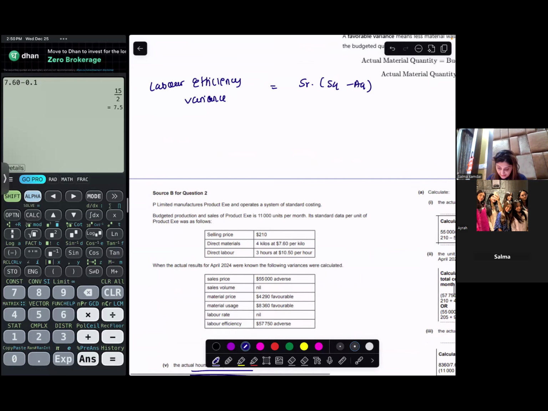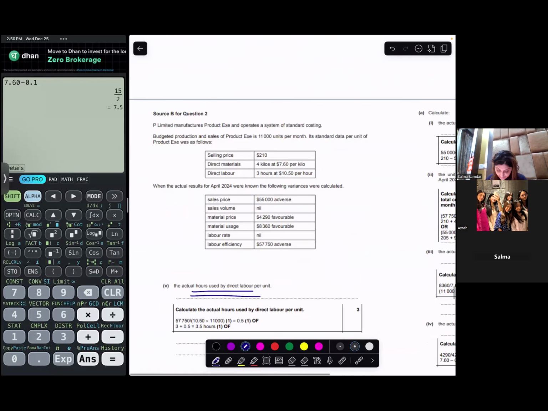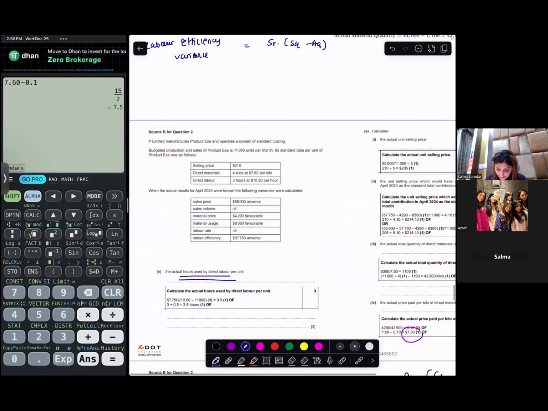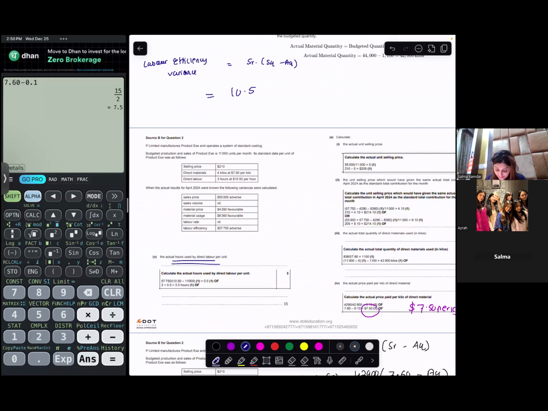What is the standard rate? It is 10.50. Standard quantity used is 3 hours. Actual quantity used, we need to find.